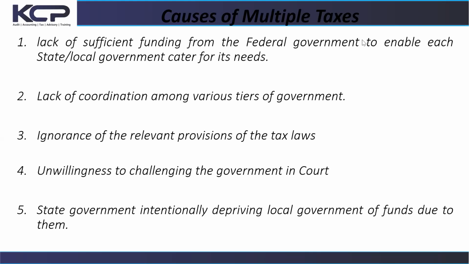A typical example is what happened in Rivers State during the regime of Amaechi, when there was what we call development levy that is expected to be paid by everyone who is in gainful employment. He came again and said he made another social contribution levy, right? It's an unnecessary multiplicity of levies or taxes, and that should be discouraged.